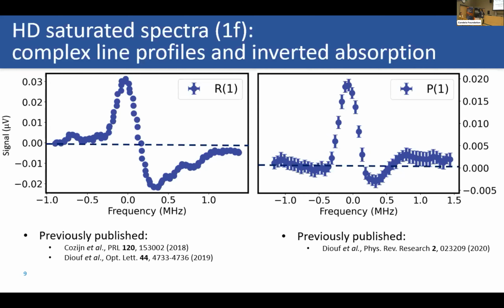So for the P1, I don't remember very well now, it's been 2 years, we had 40 or 50 scans, and then we average them, and we have this error bar. And in the R1 case, the signal is so much stronger that we don't have any error bar.